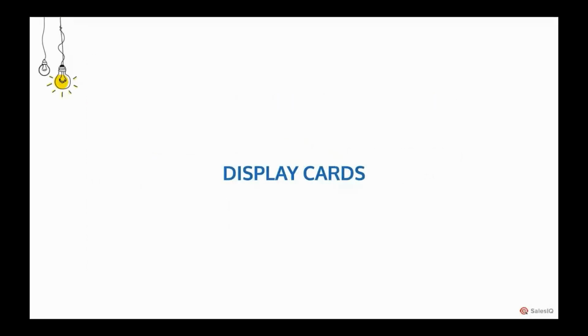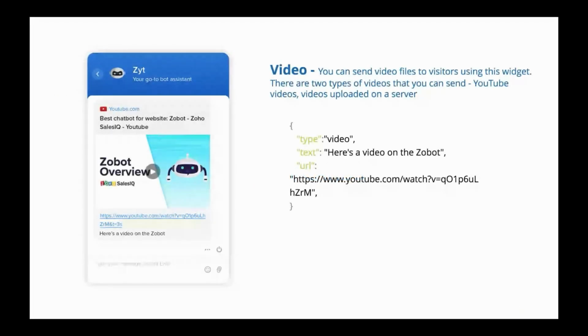Following this, we have display cards. These display widgets will help you display rich content that consists of different formats, images, links, etc. to your visitors. We already had articles and images to assist your visitors, and some new display widgets have also been added. Using the video widget, you can send video files to your visitors every now and then.